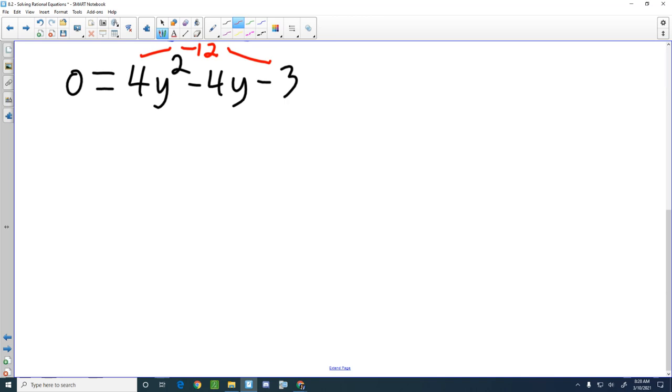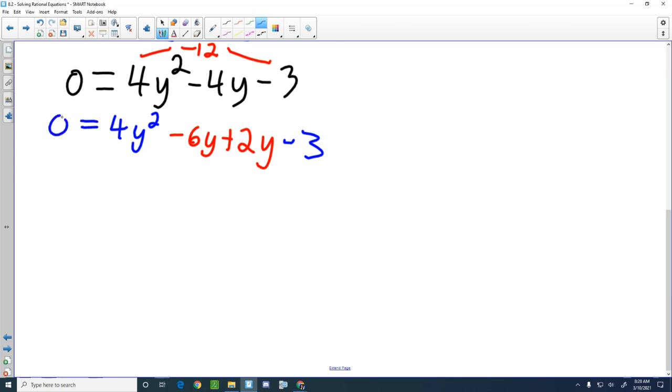So I'm going to rewrite this middle term as a negative 6y plus 2y. Keep the 4y squared in front and the minus 3 at the end. We just rewrote that middle term as two separate smaller terms. We have 4 terms, so we use factor by grouping.